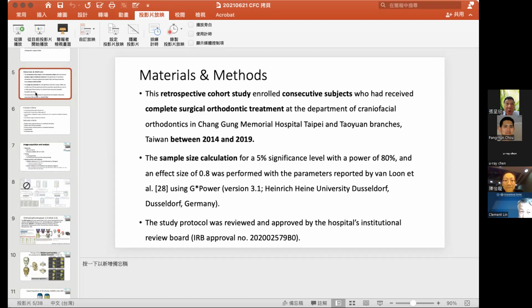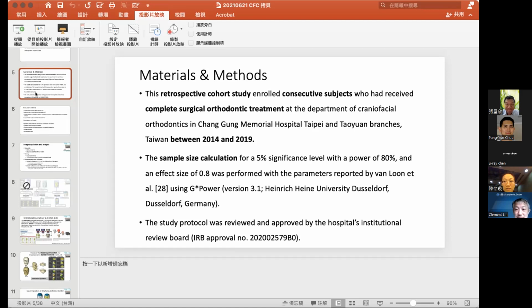Maybe in the future you can do the simulation for the CLAP patients and non-CLAP patients with a similar facial profile to see the upper lip difference, because after CLAP surgery, the upper lip has a scar. Maybe the soft tissue change might be different from that in normal class 3 patients. Thank you a lot, and a very good presentation.